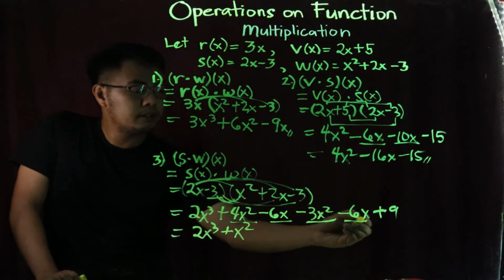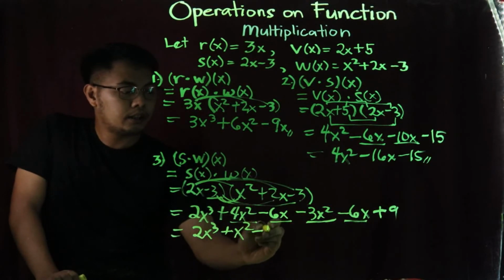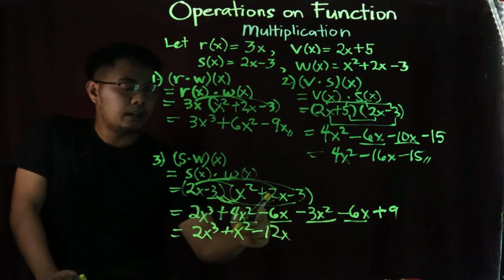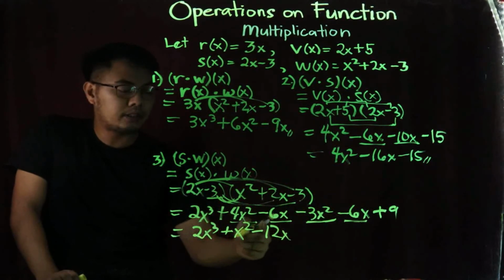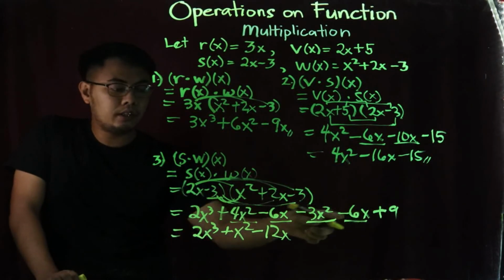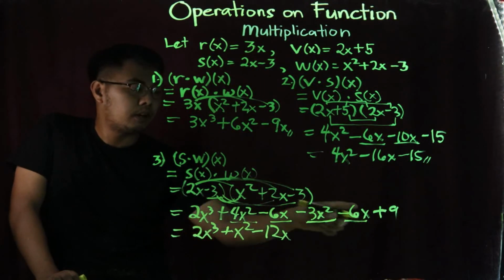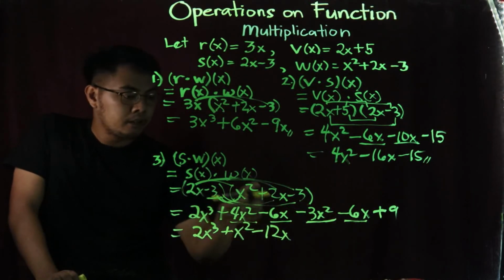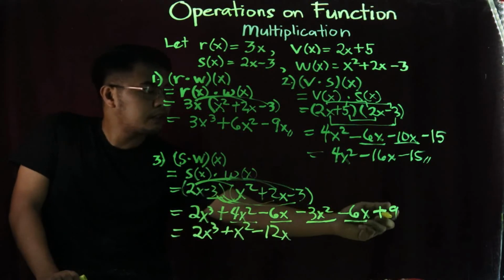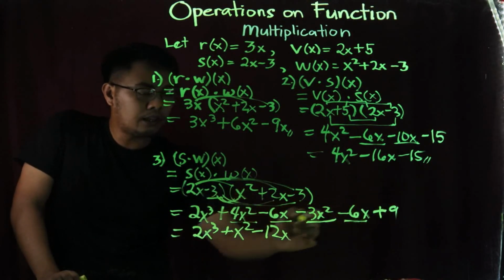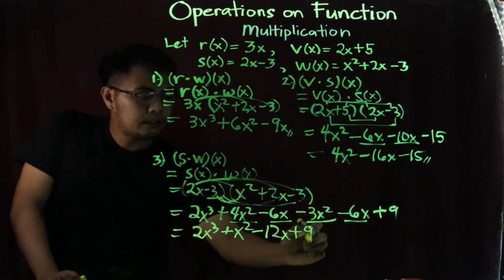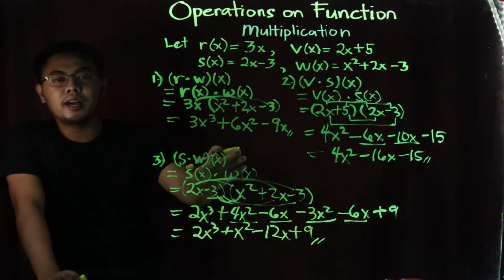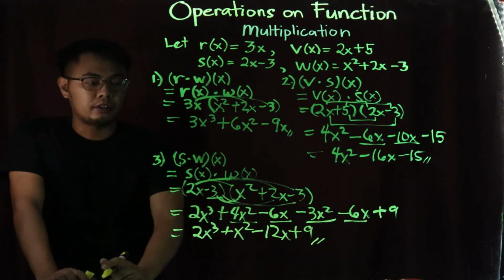Negative 6x minus 6x, that is negative 12x. Parehas sila ng sign, i-add nyo yan, copy the sign. Negative 6 minus 6, negative 12x. Copy the variable. Similar sila, no? Kasi parehas sila ng variable na x lang. Tapos yung constant, wala na ibang constant, 9 lang. Copy 9. So ito na ang magiging product ng S function at W function.